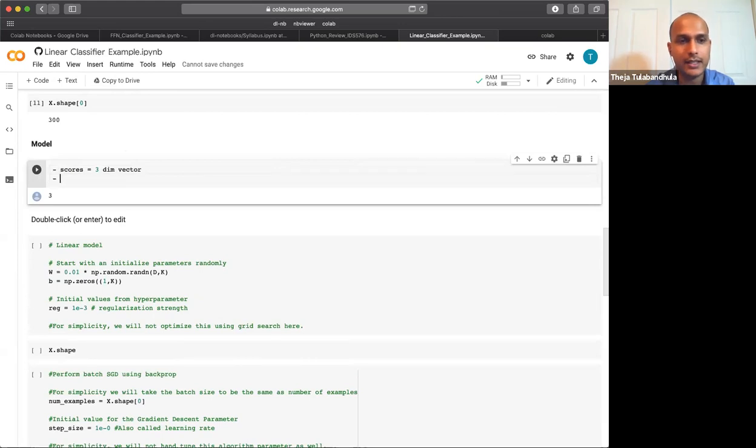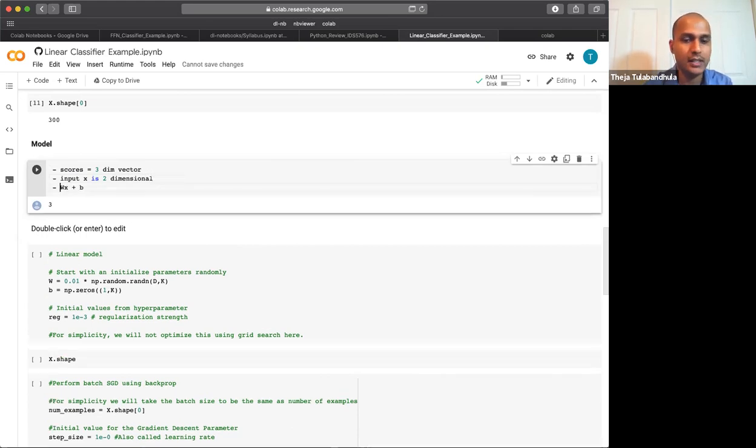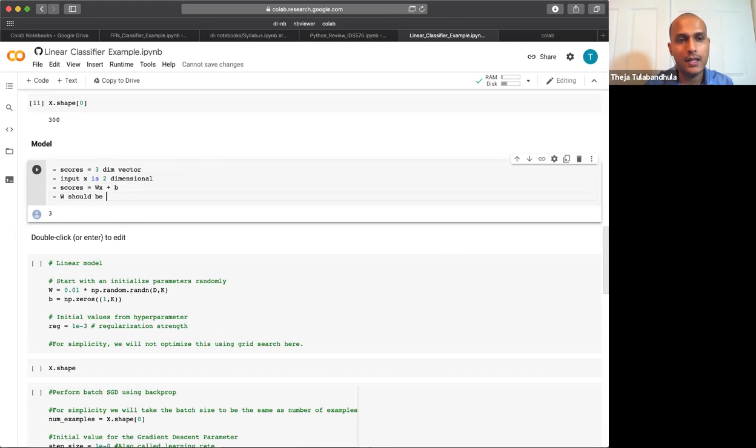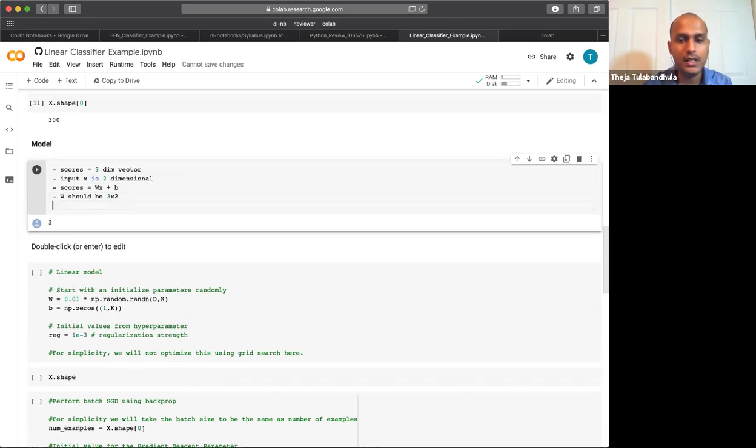Second thing is, in the notes we saw earlier that whatever be the input, we would say W times X plus B. So let's say input X is 2-dimensional. In the notes from last lecture, my scores is equal to Wx plus B. Since scores is 3-dimensional, W should be 3 times 2, and B should be 3 times 1, right?